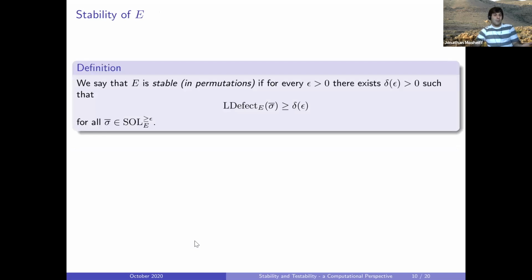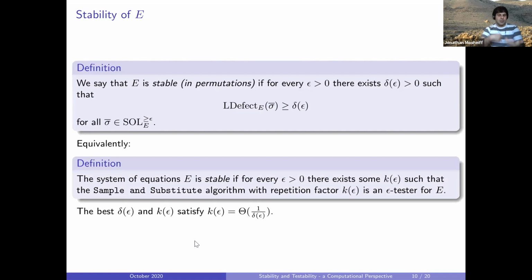And of course, one of the ways to define the notion of stability in permutations is exactly in terms of lower bounds on the local defect. So we say that the system of equations E is stable in permutations if for every epsilon there is some delta which is a lower bound on the local defect of tuples that are epsilon far from being a solution. By the same sort of analysis we did before, we get an equivalent definition for stability.